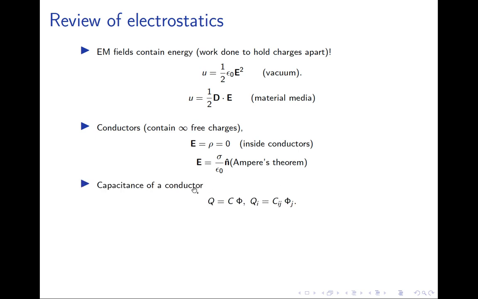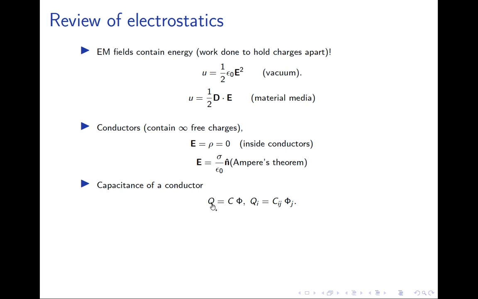And then we also briefly mentioned the concept of the capacitance of a conductor. We saw that the conductor is an equipotential surface, and the entire charge which is on the conductor is proportional to the potential of the conductor. The constant of proportionality is known as capacitance.